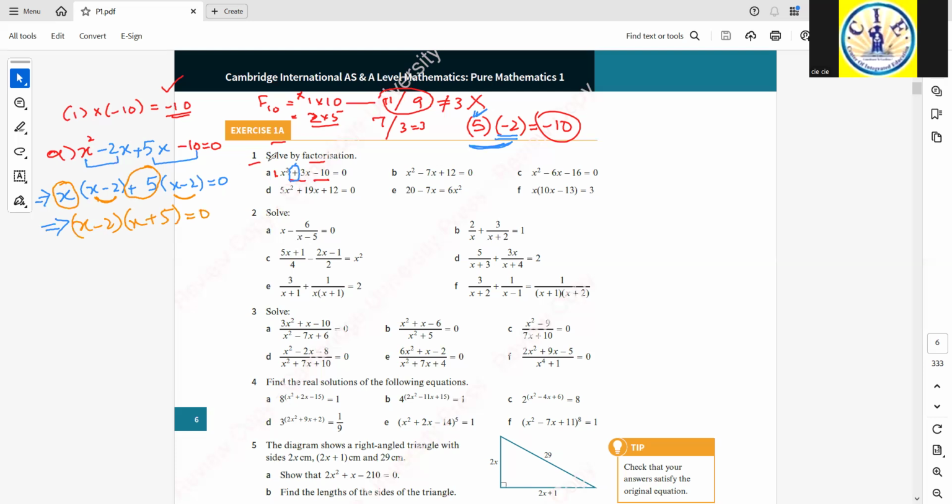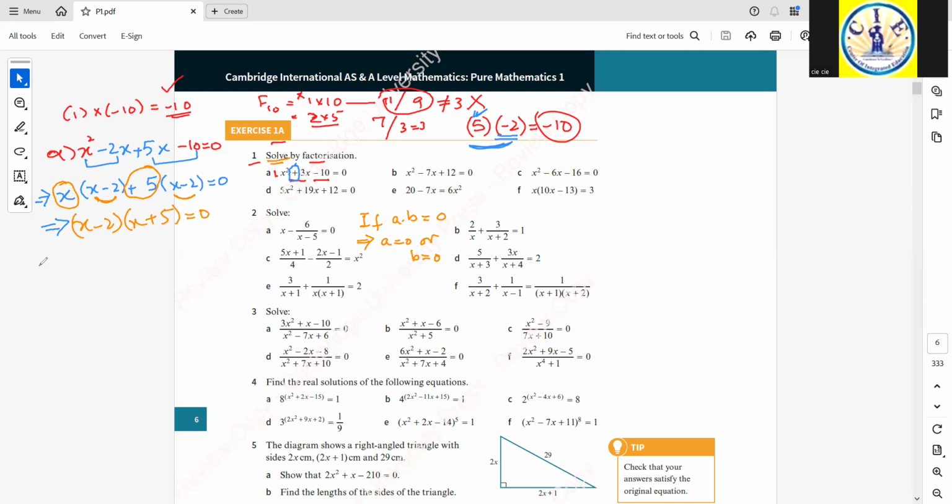Since I had to solve them, solving means to take out the values of the variable. So as you know, this property that if the product of two numbers is 0, that implies that either one number is 0 or the other number is 0. So in this case as well, applying the same rule, I can see that the product of these two is 0.